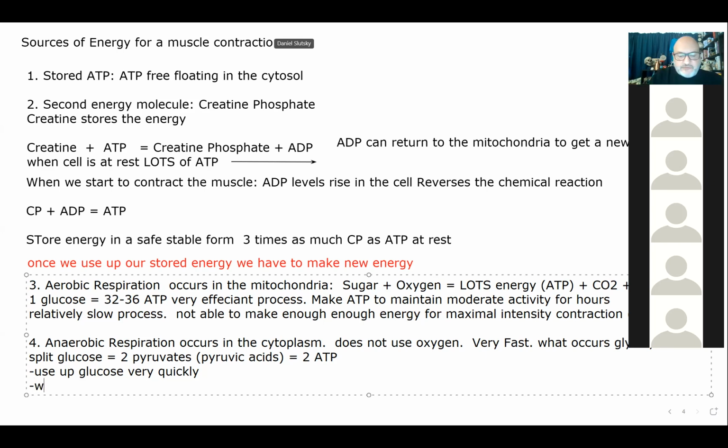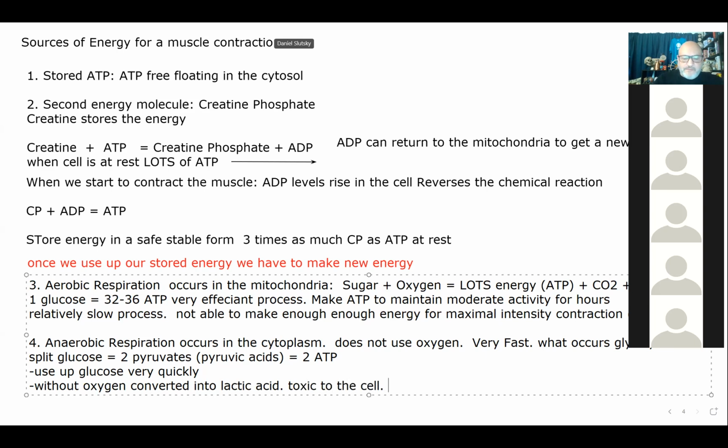Without oxygen, these pyruvic acids cannot enter the mitochondria, and instead they're converted into lactic acid. And lactic acid is toxic to the cell.